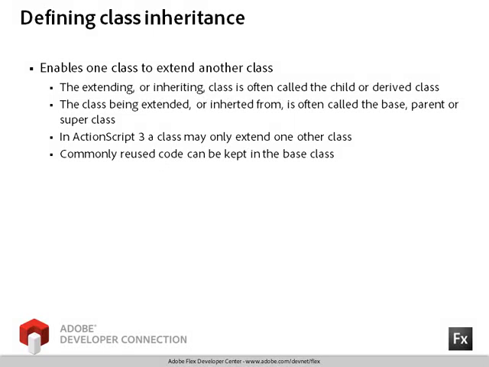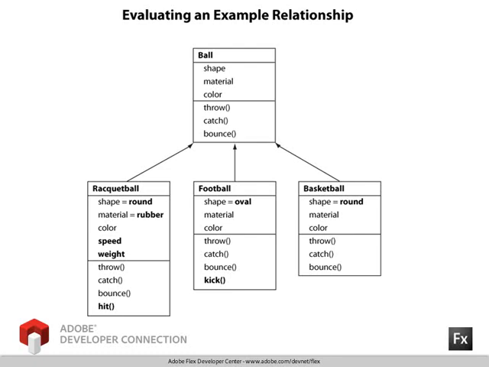Code that can be reused is commonly kept in the base class and then extended by other classes. In the diagram, you can see that the Racquetball, Football, and Basketball classes extend the Ball class to use its properties and methods. For example, the Racquetball class has shape, material, and color properties that it inherits from the Ball class.